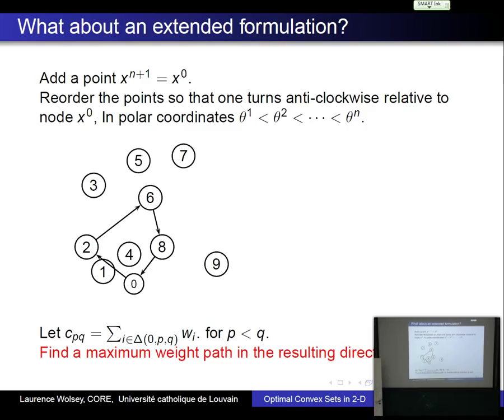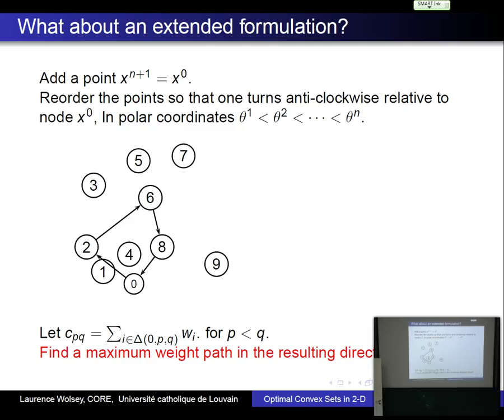Now, once we've ordered the points in this way, if I pick up edge 2, 6, for instance, I clearly will pick up 4, which is inside that triangle. So now I can attach a weight c_PQ to edge PQ, which is the sum of the weights of the points in the triangle, where you take into account that you don't want to count points twice, but that's easily done.